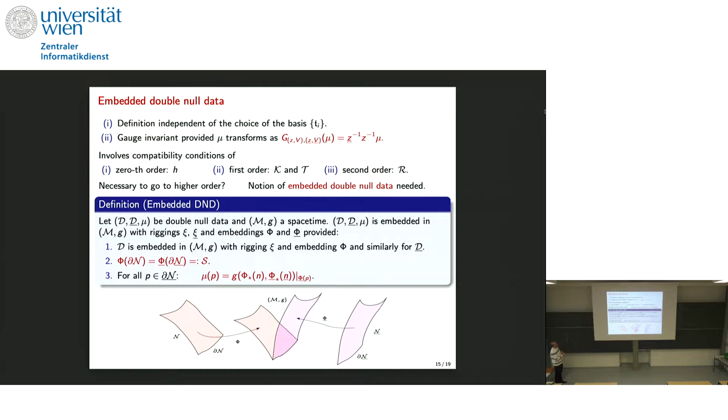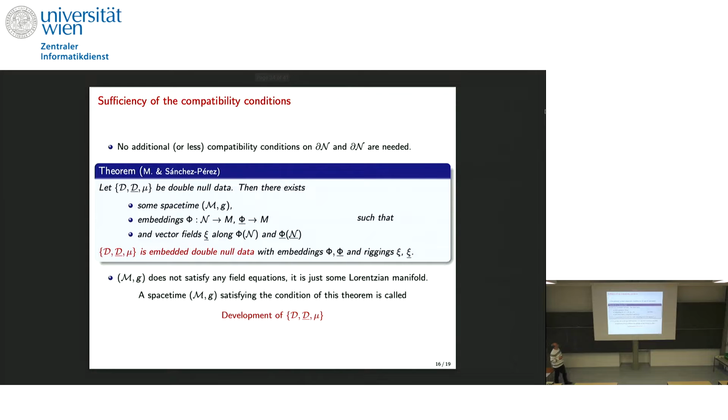This would be a picture here. Whenever one says that some double null data is embedded, it means that it's already put in the space-time in this form. Now, as I said before, there is no need for any further conditions, and the reason is this result here.